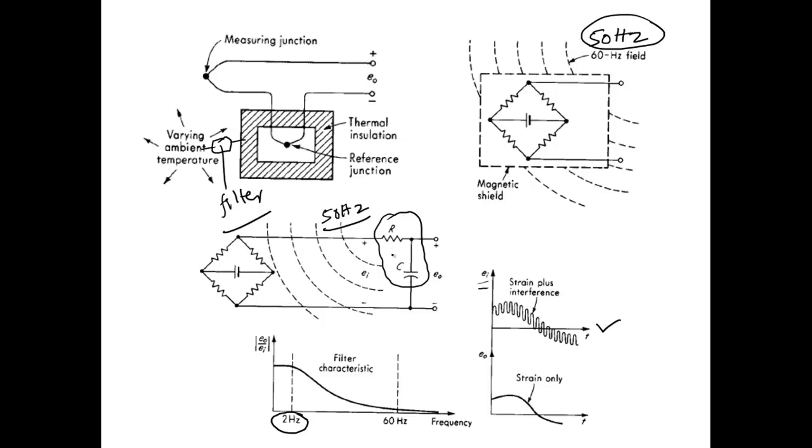Employing this RC filter will give an output something like this. So this is without the RC filter, and this is with the RC filter employed. In the circuit itself you have the pure strain. This is again output filtering, where you put a filter at the output. You know that this output contains both modifying and interfering outputs, but because you can use a filter at the output, you can get the pure value of the strain.